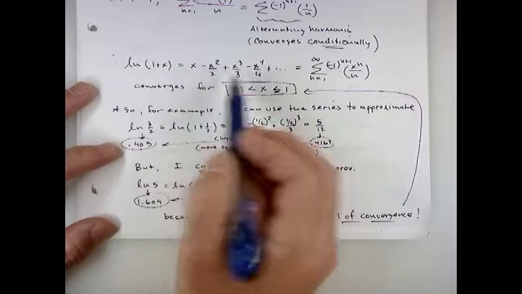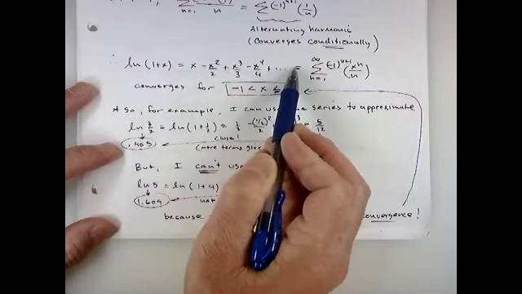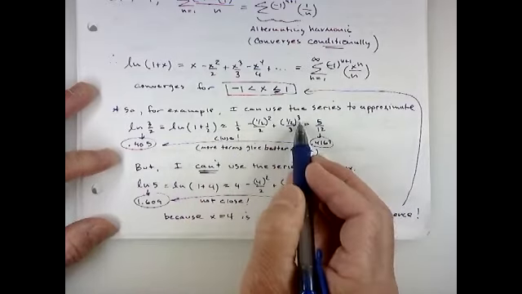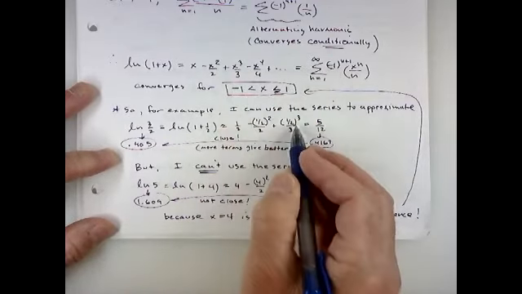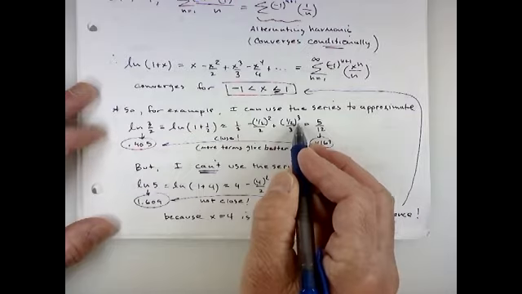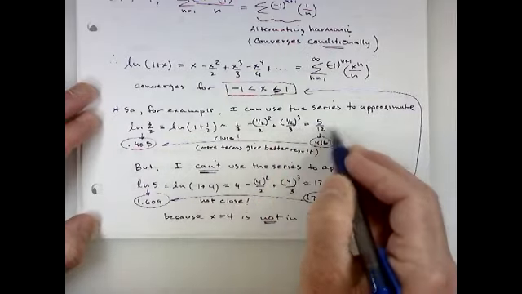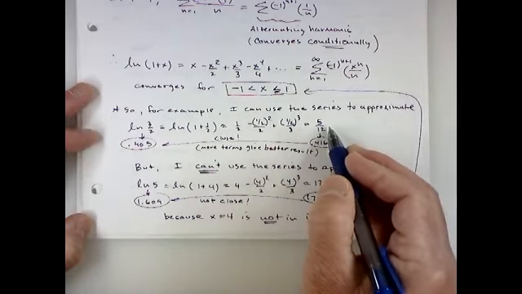If you really wanted the exact value, you'd have to do this for an infinite number of terms. But what we can do is approximate. If I just stopped here at my third power, my third degree power series, and simplify those fractions, you can do that without a calculator, you'll get 5/12.